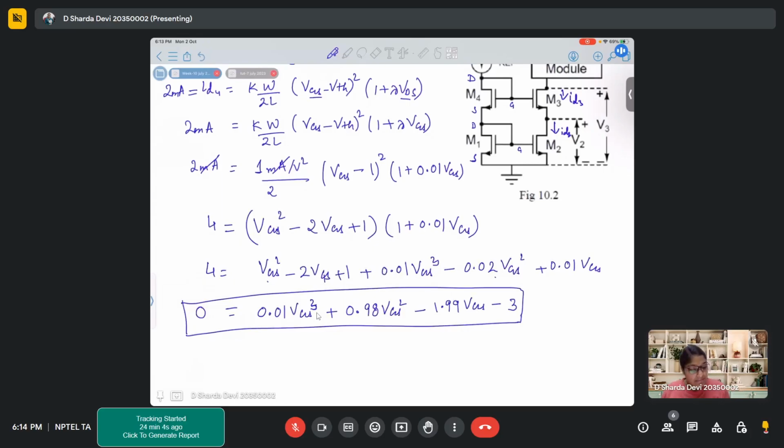Now by solving this equation, we'll get the value of VGS, and basically we'll get 3 values, right? So can you quickly solve, anyone who has a scientific calculator, and see what values you are getting?